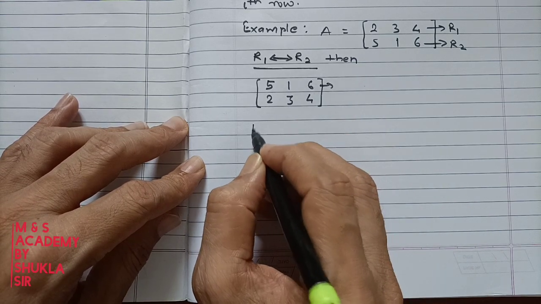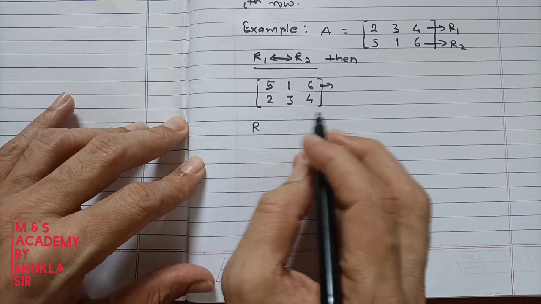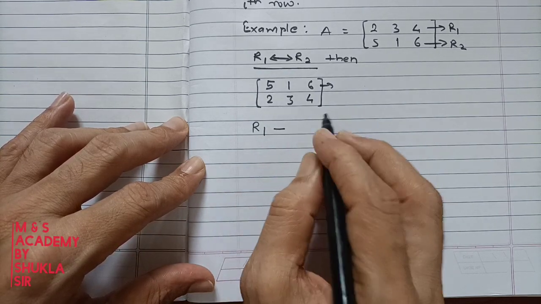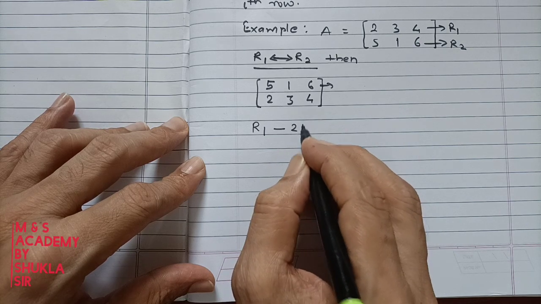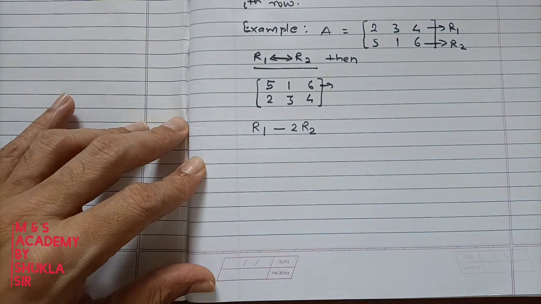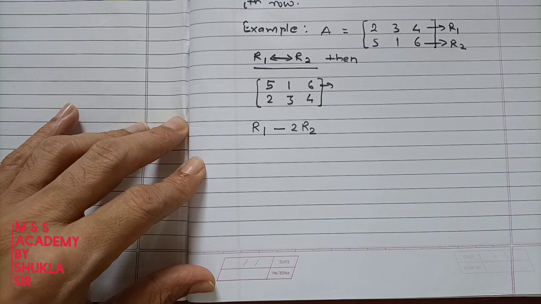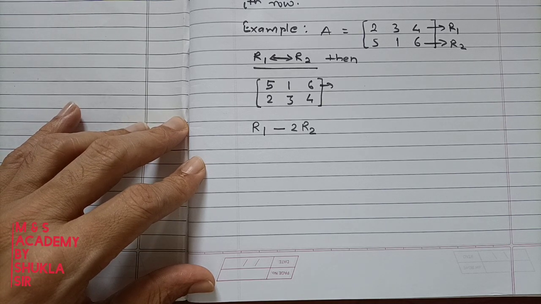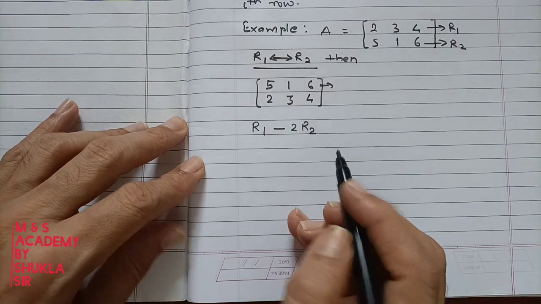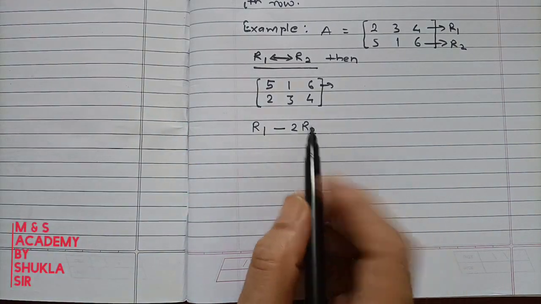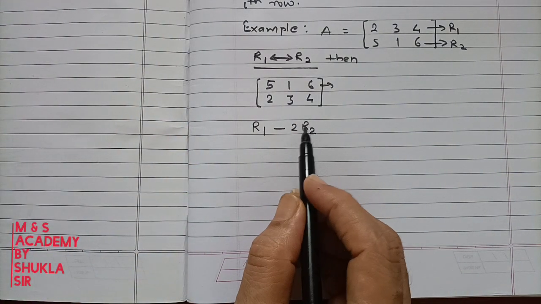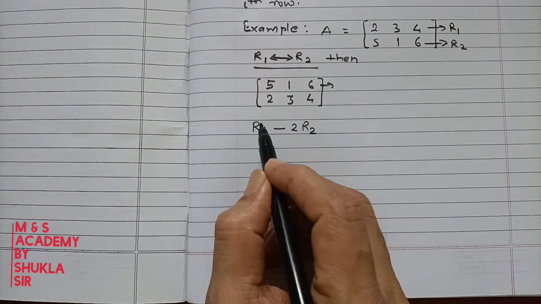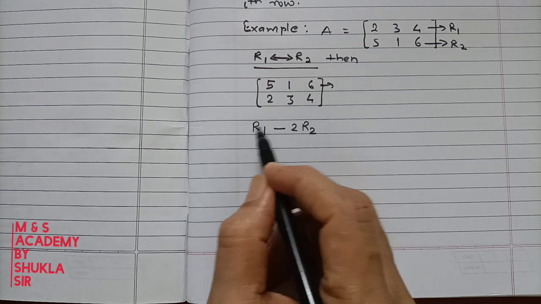Suppose we want to perform this elementary operation R1 minus 2 times R2. In this case, we need to change R1.